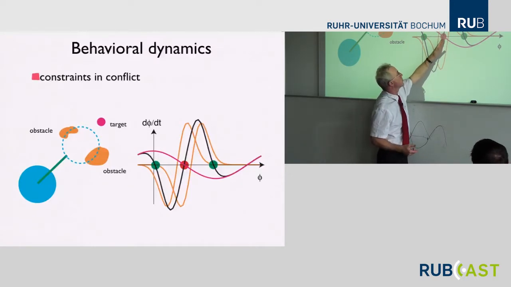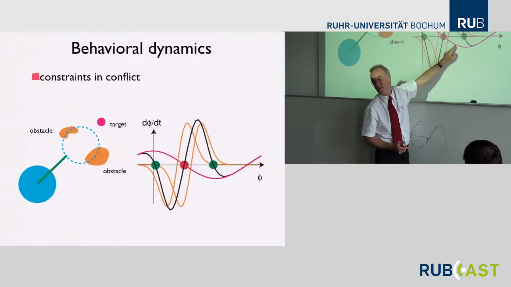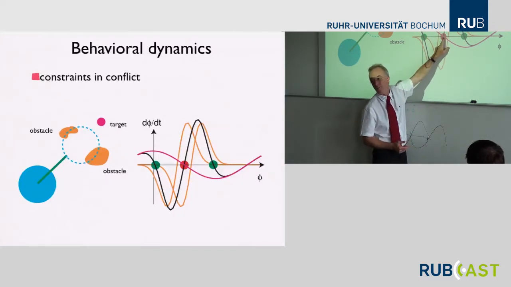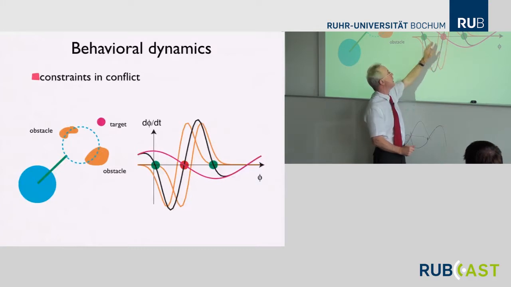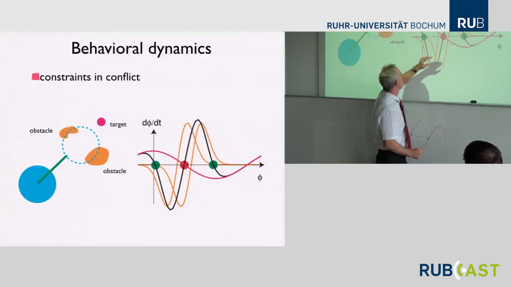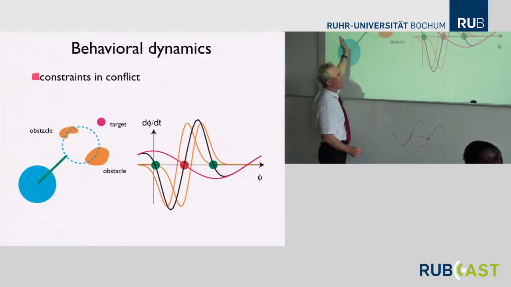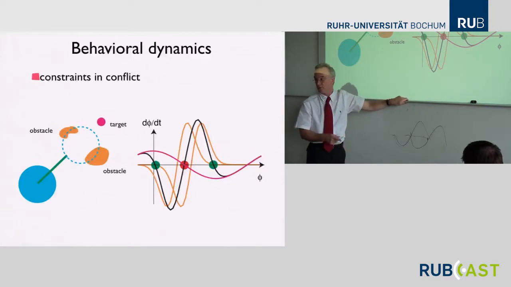And because the slope is much larger, they overvote here the attraction from the target. So you have just a repeller here. So inside, actually, the same bifurcation happened as I just showed, just everything switched, attractors into repellers. These attractors outside are unaffected, so you still have these attractors outside. And now you see how that's important, because that's the only way how you can get to the target.